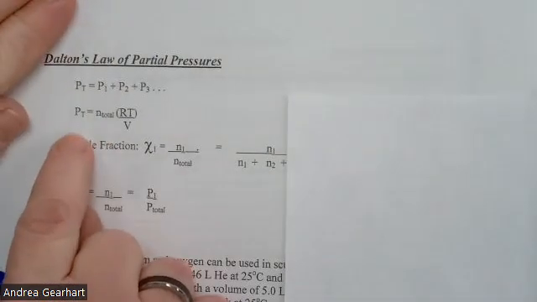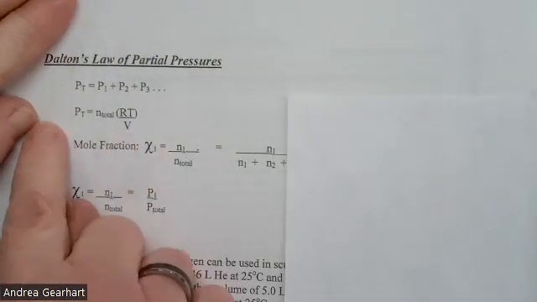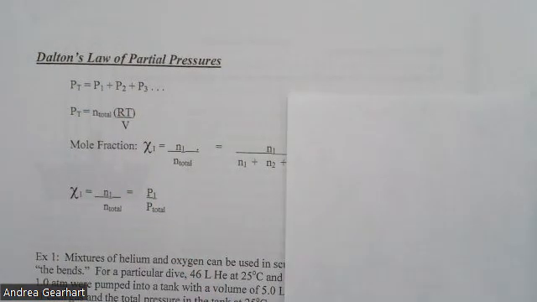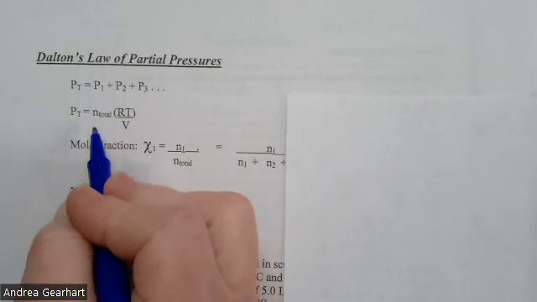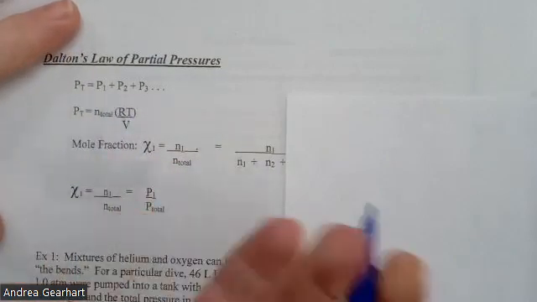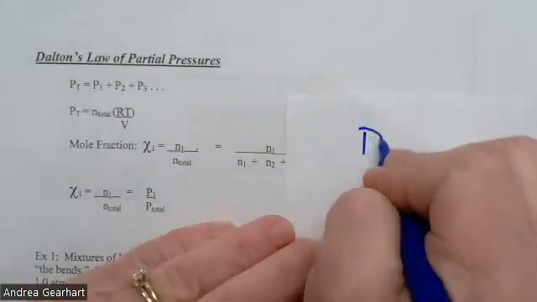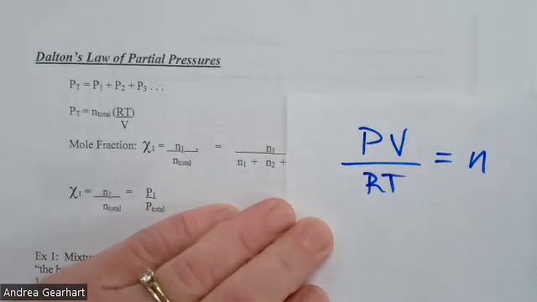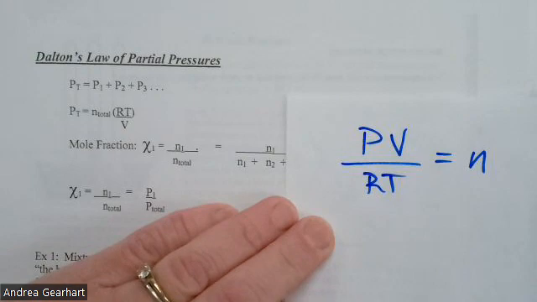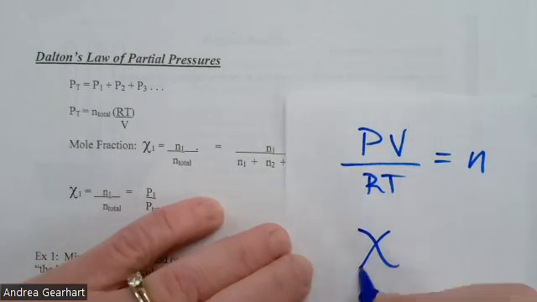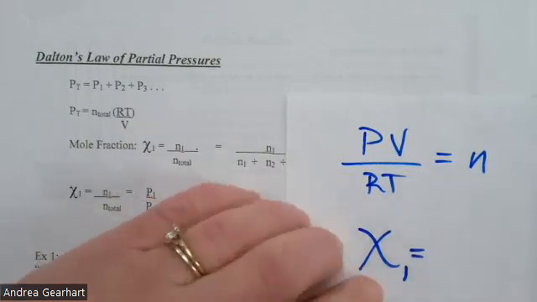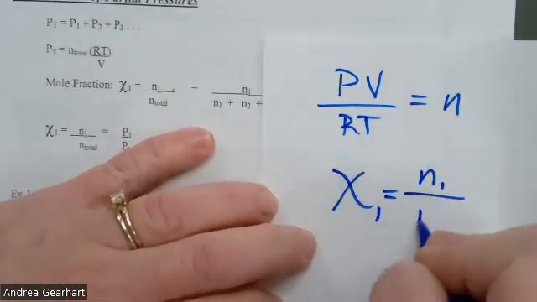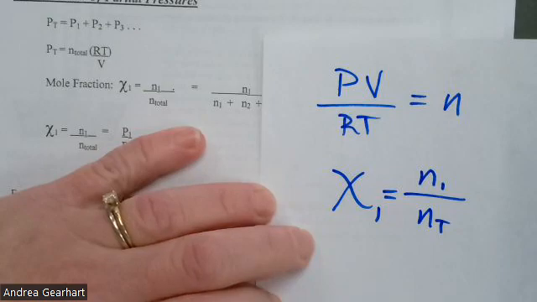Okay, the ideal gas law, PV equals nRT. Well, you don't have to do this. What if I want to solve for n? Obviously, PV divided by RT equals n. Well, mole fraction, if we're looking at gas one, is moles of that gas over total moles.